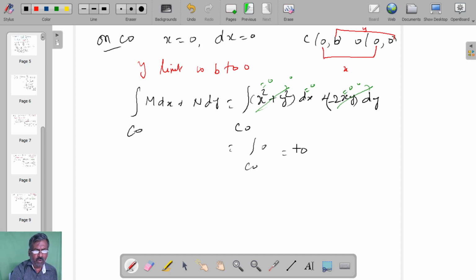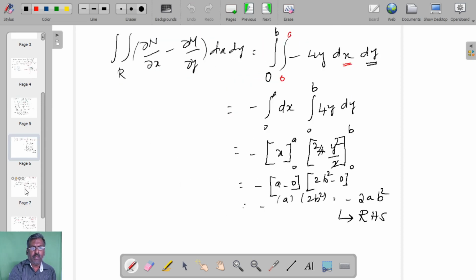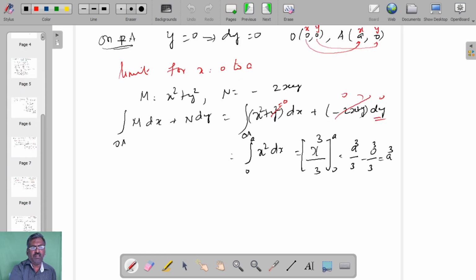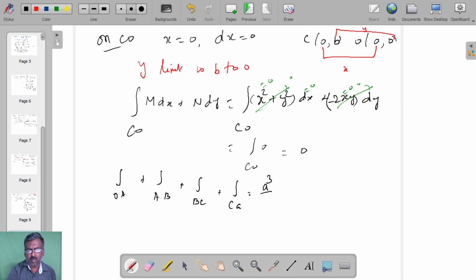Now we add all four line integrals: integral over OA plus integral over AB plus integral over BC plus integral over CO. See the answer for OA: the OA integral answer is a cube by 3. So first write a cube by 3 plus.